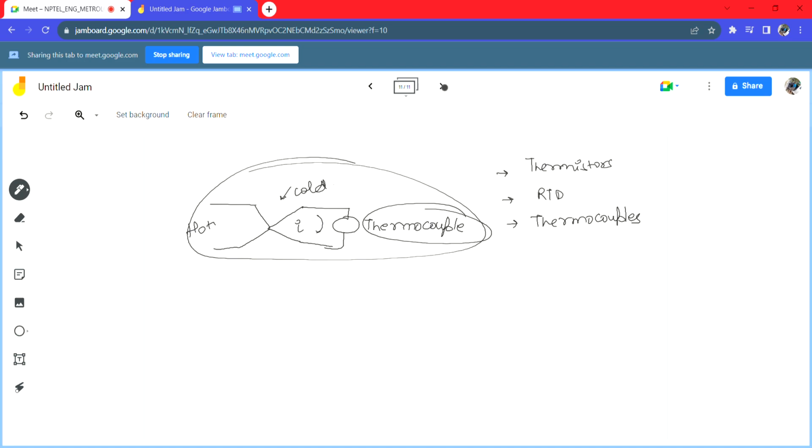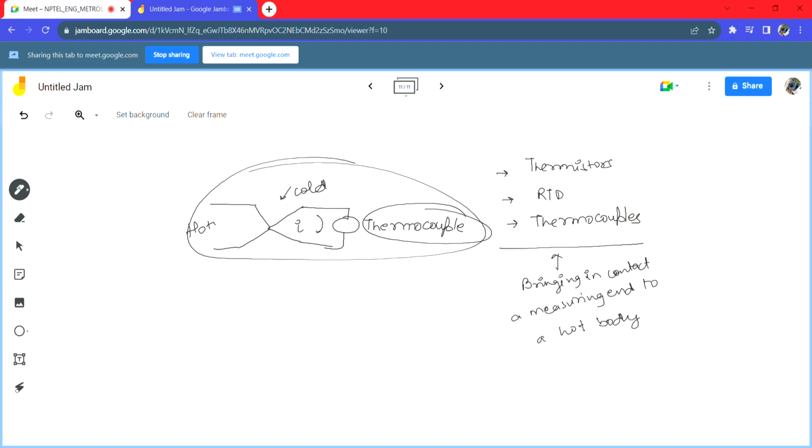And invariably in all the three, what we are doing is we are bringing in contact a measuring end to a hot body.